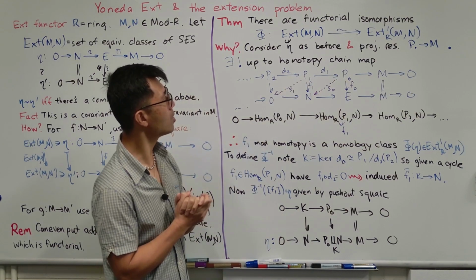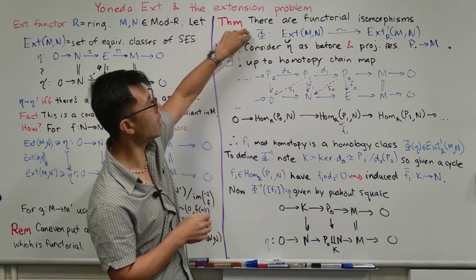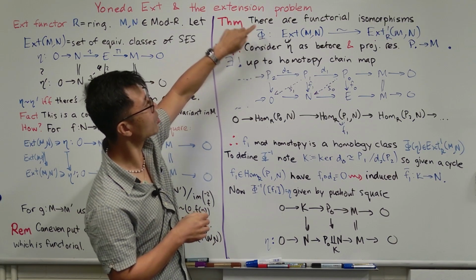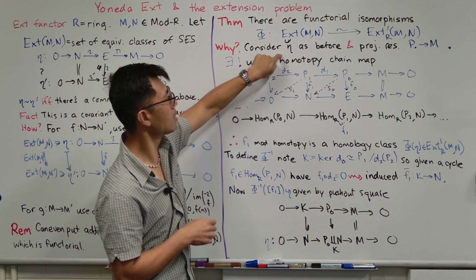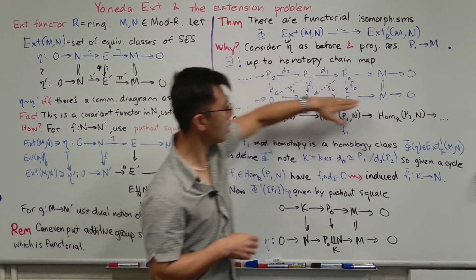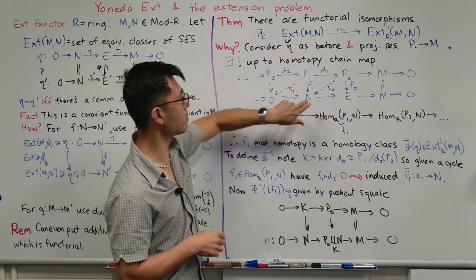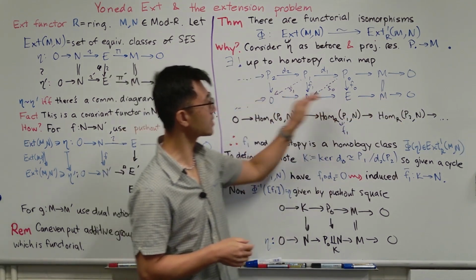Okay, so suppose we want to define what phi is. What I'm going to do is consider some extension eta inside here. So this eta is going to be given by this second row here: 0 maps to n maps to e maps to m. Okay, so this is an exact sequence.